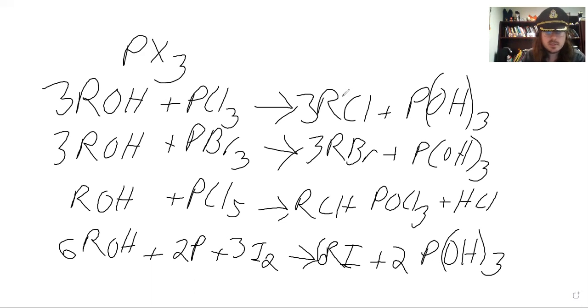The reason I've split it up into P and I2 is because PI3 is kind of reactive and not really stable. You can't hold it in solution indefinitely like you can PCl3 or PBr3. But these all work with primary and secondary, but not with tertiary.